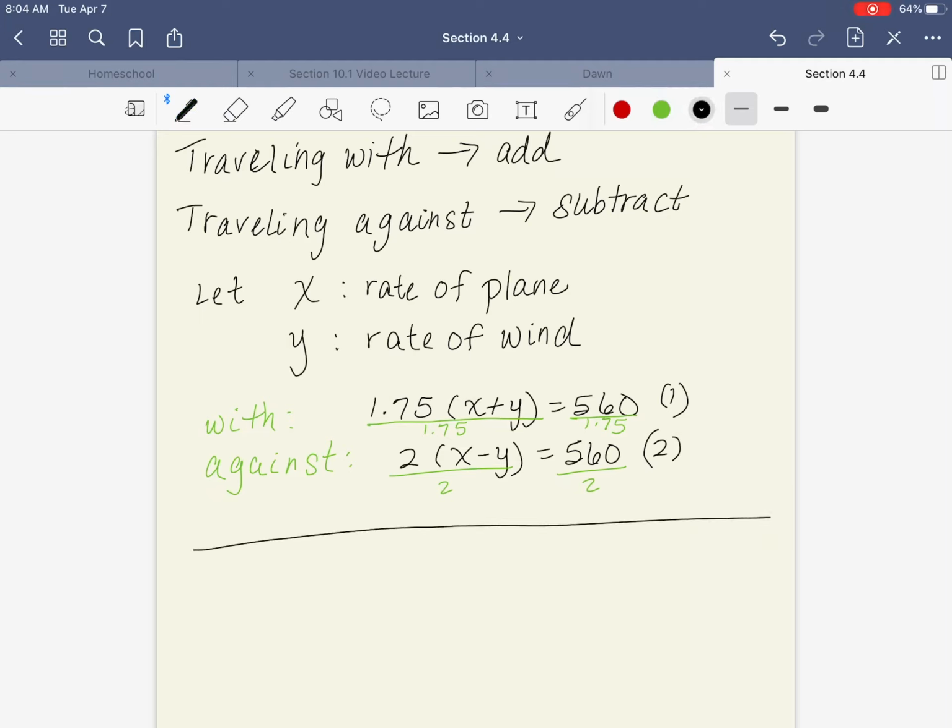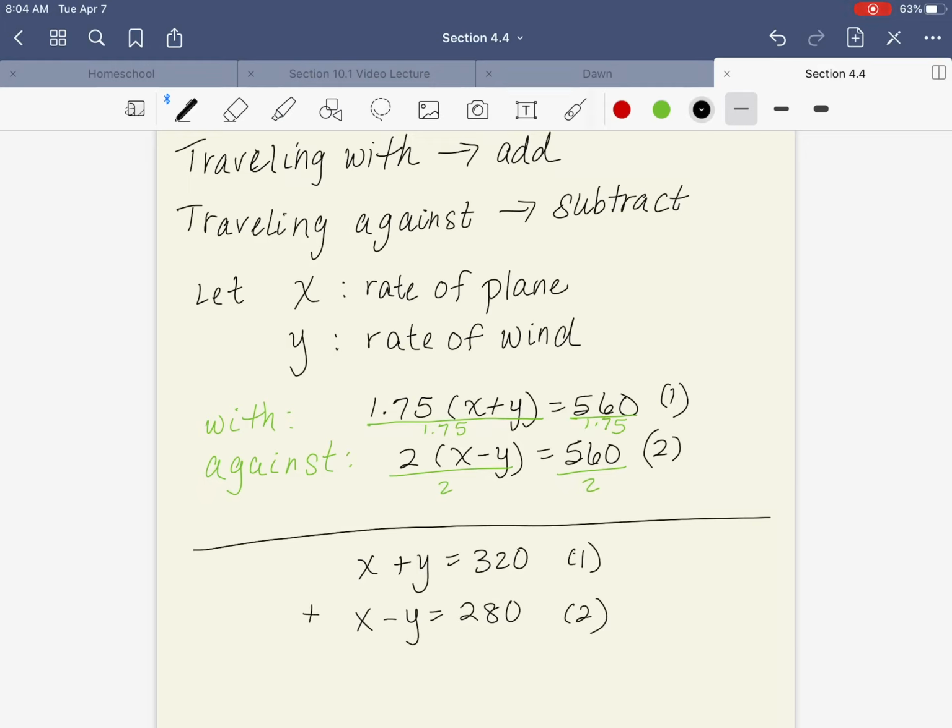So let's see, 560 divided by 1.75 is 320. So it does go in evenly. That helps us out a lot. So x plus y equals 320 is equation 1, and x minus y equals 280.